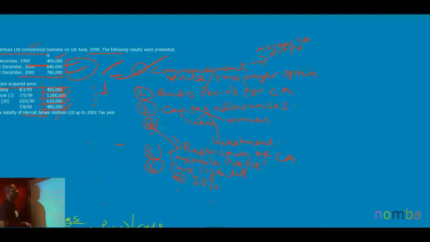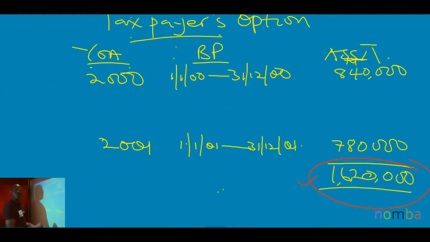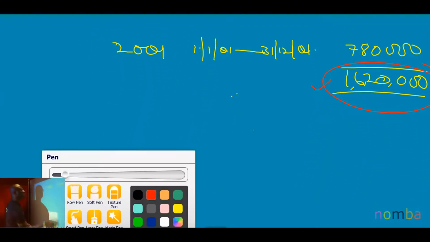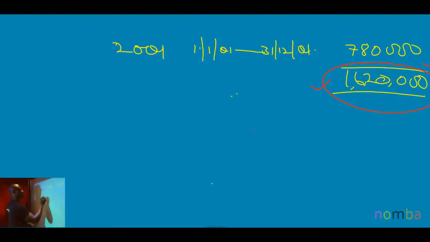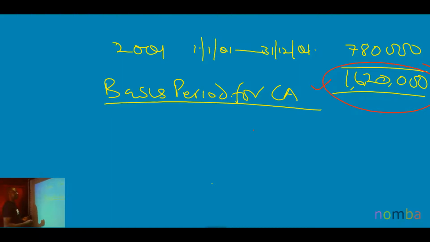Let's look at basis period for capital allowance. That's the next stage in this question. The next working, we'll come down here and say basis period for capital allowance, basis period for CA. Usually, you must have the basis period for assessable profit side by side to be able to determine basis period for capital allowance.